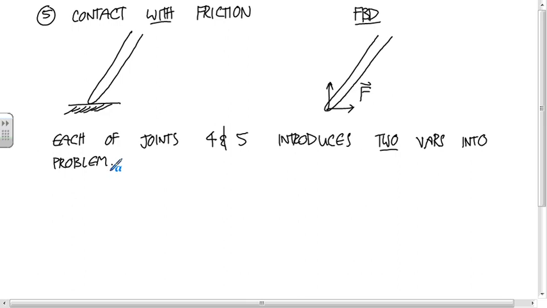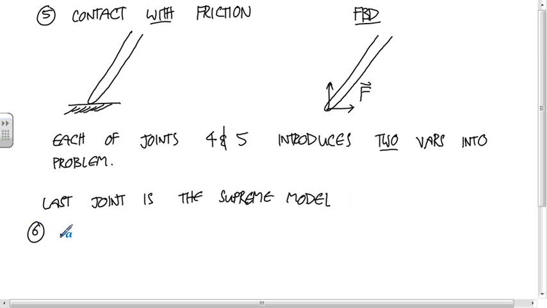And then the last joint is the supreme model. So number 6 is a fixed joint.